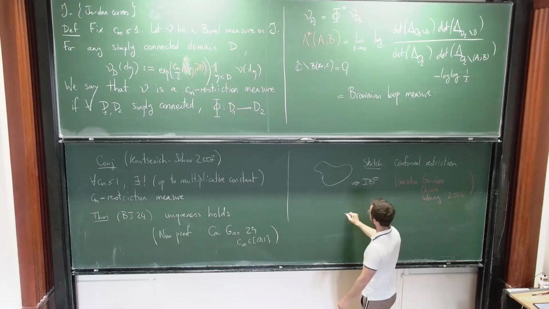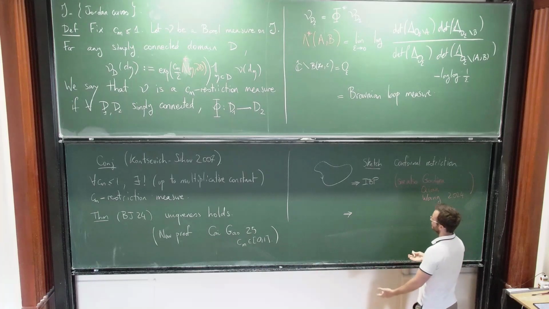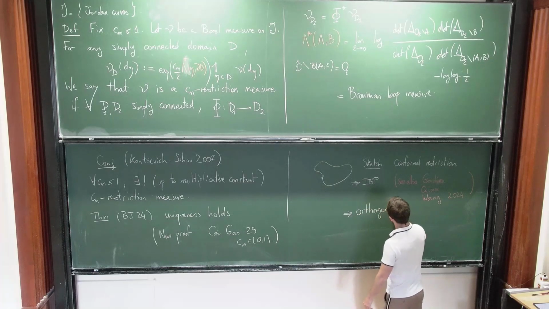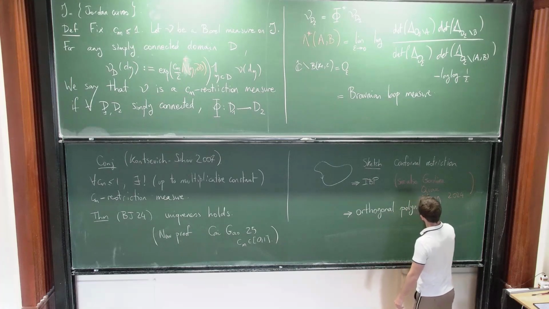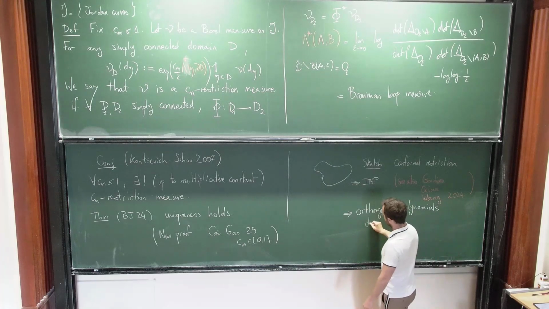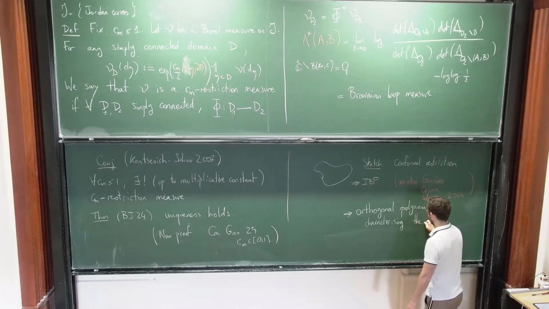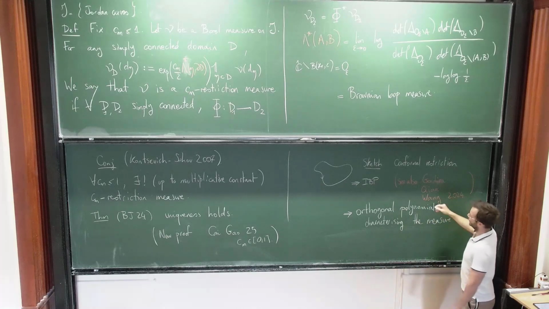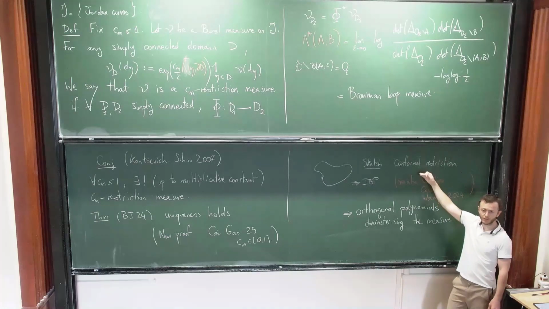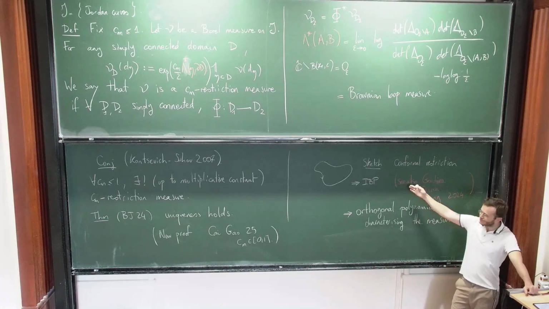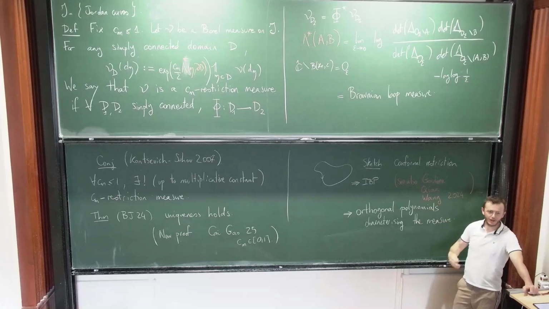And from this integration by parts formula, we will be able to obtain some orthogonal polynomials which characterize the measure. So this is more like an analytic step where we do computations, and here it's more like an algebraic step where, out of this integration by parts formula, you want to derive some special families of polynomials.